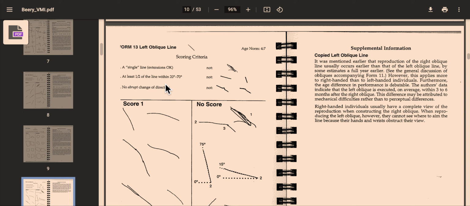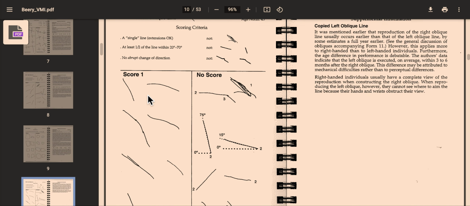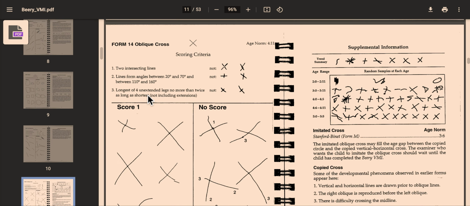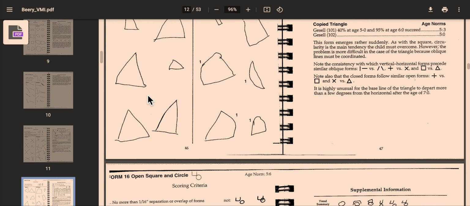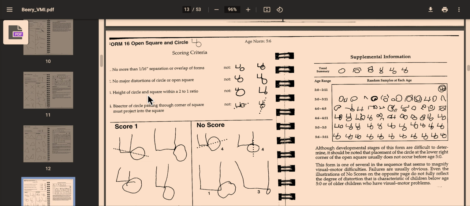If it's no on any one of the criteria, then they do not get the point. It's as simple as that. You will do that for all of the items that your student completed. Once you hit 0 for 3 in a row, you're done scoring, even if they did get some points later on. And that goes for all three subtest items.